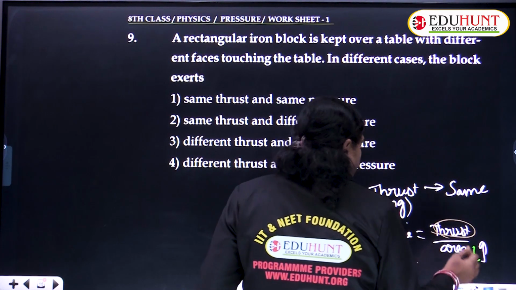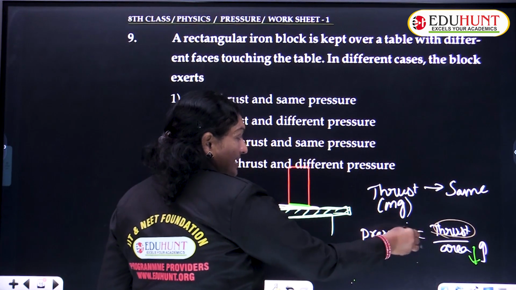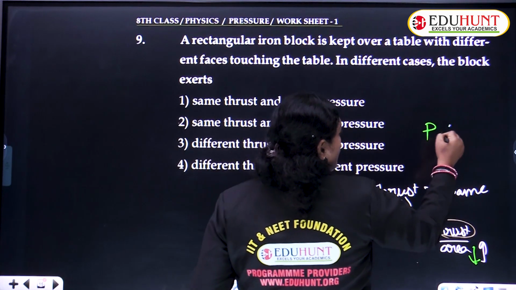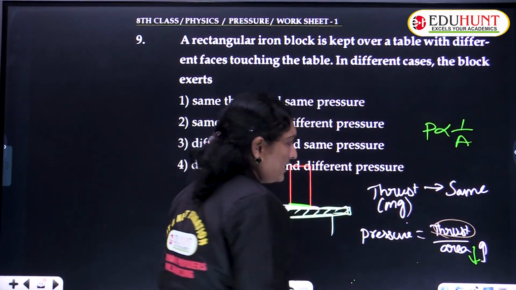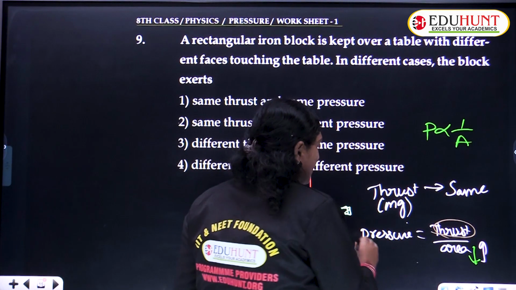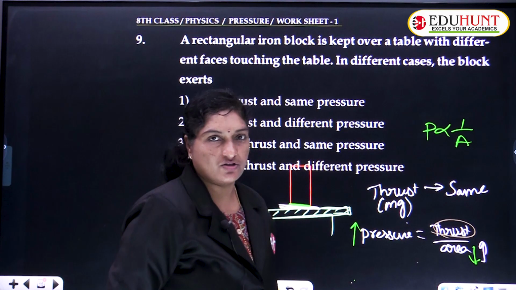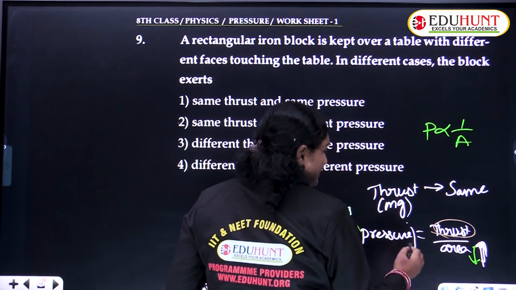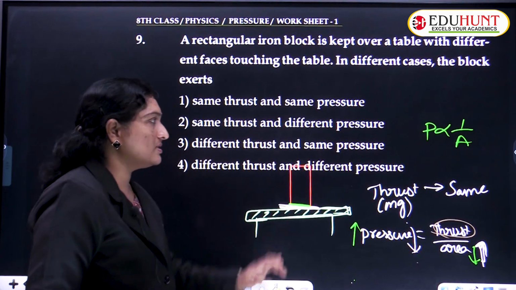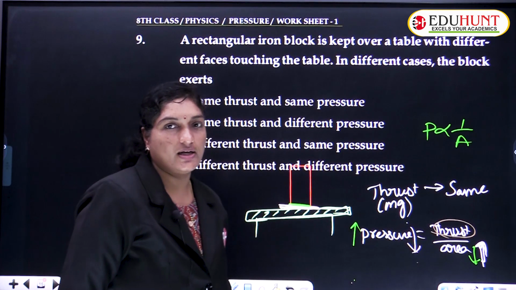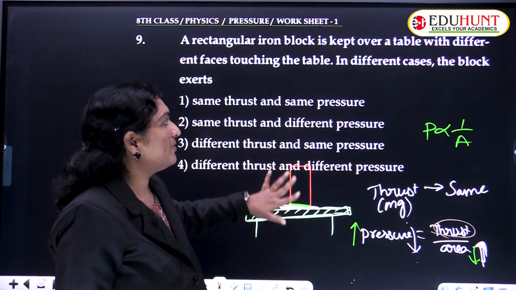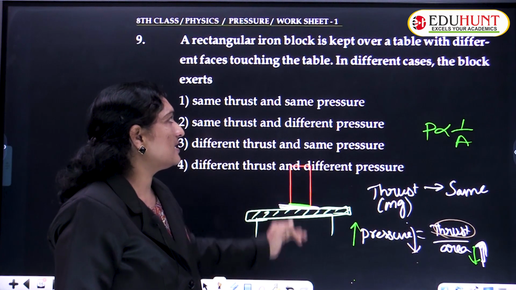So as pressure is inversely proportional to area, lesser the area of cross section, larger will be pressure. And larger the area of cross section in the previous case, lesser will be pressure, because they are inversely proportional to each other.